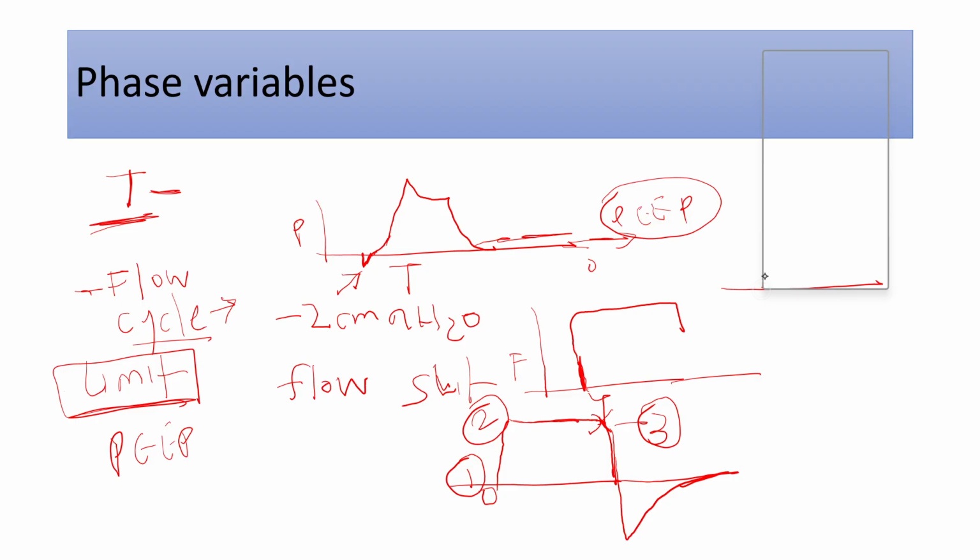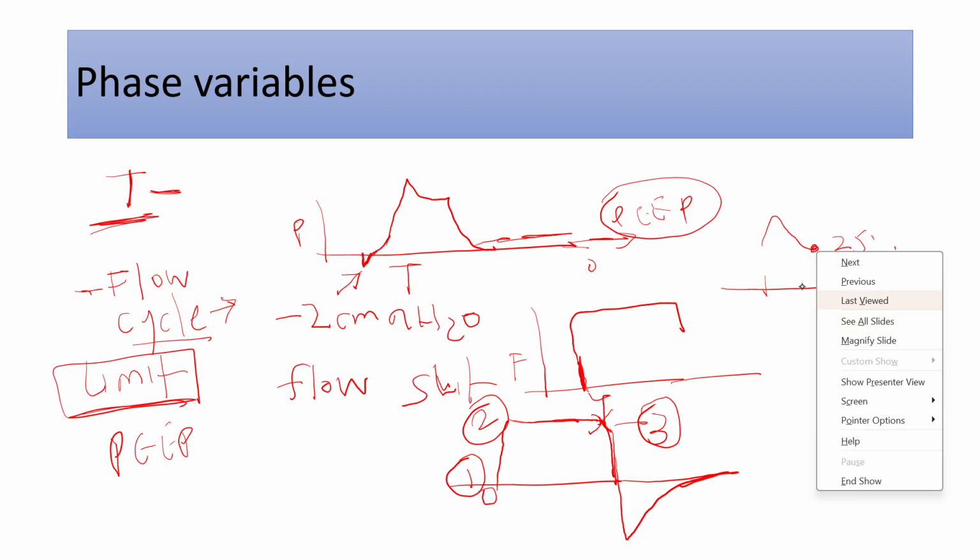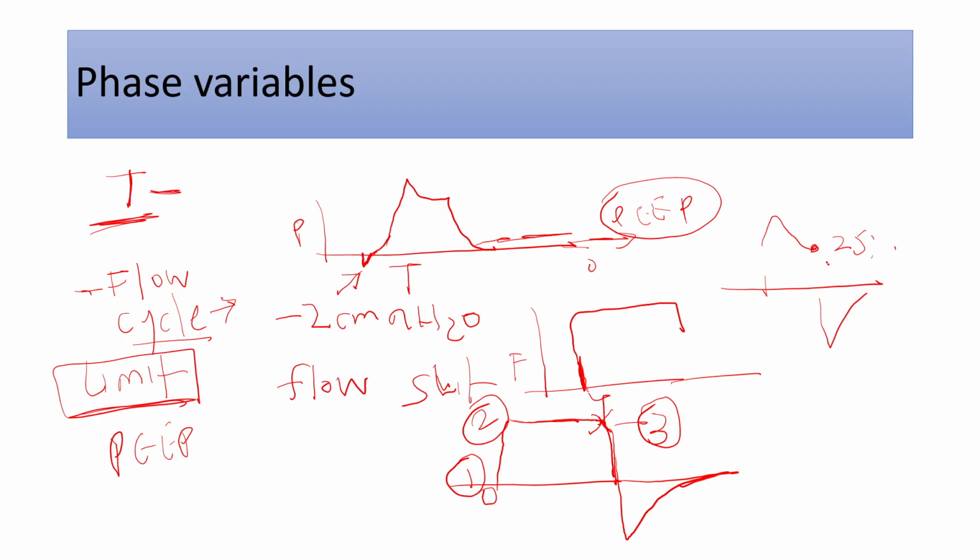So the flow will increase, and when it starts decaying, suppose it reaches the 25% you have kept, the decline in flow is 25% of the baseline, it will cycle to expiration. And that is seen in the spontaneous patient or the patient with pressure support mode of ventilation. That again we will revise in our ventilator graphics.